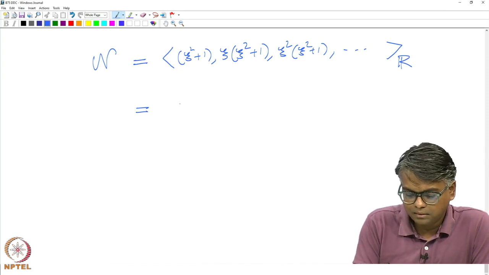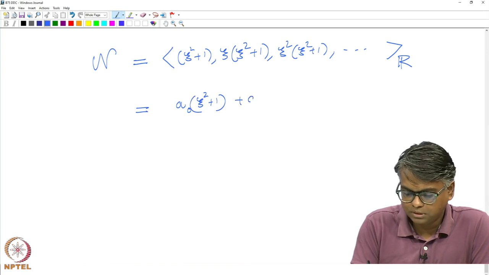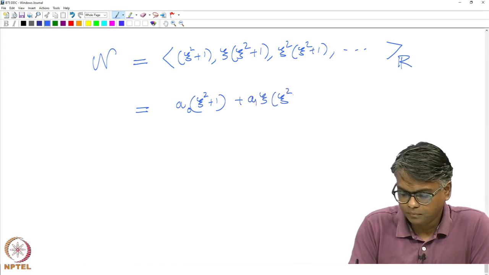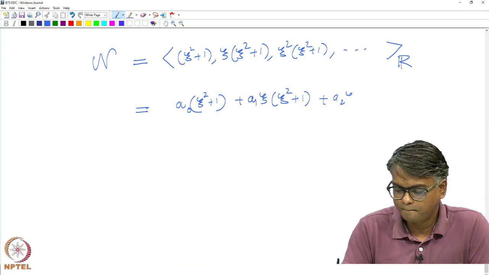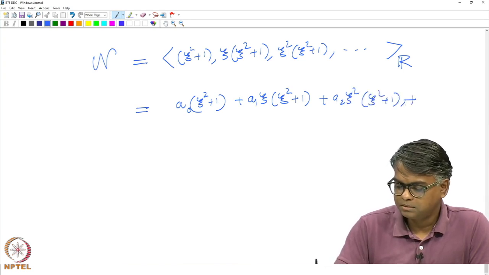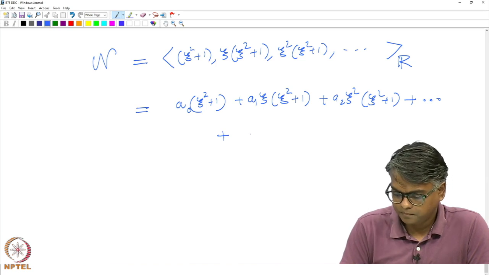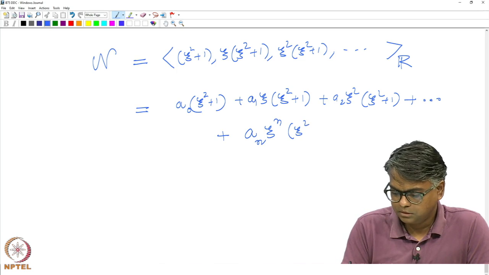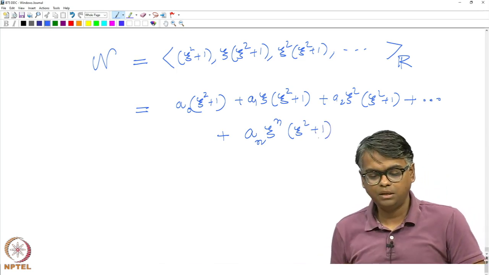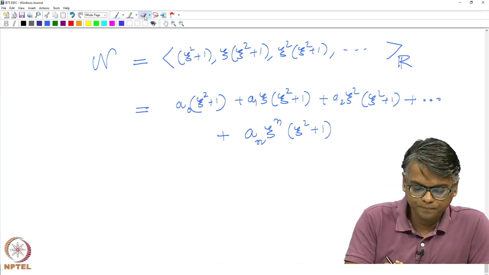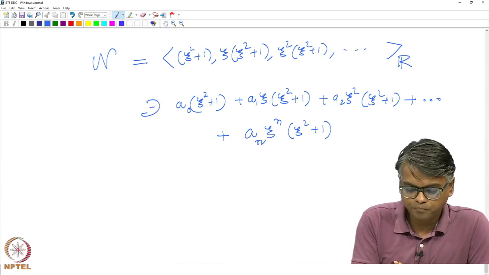So if I look at an ordinary linear combination of these, which looks like this, plus dot dot dot, plus a n xi to the power n times xi squared plus 1, that is the typical linear combination of an element in n from what we have gathered.